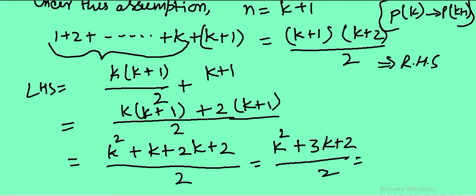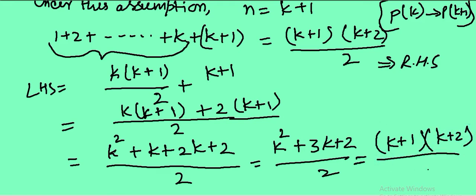And then if you solve this equation, it will be k plus 1 into k plus 2 by 2, right. So it will be equal to RHS. Now we can say that the LHS is equal to RHS.